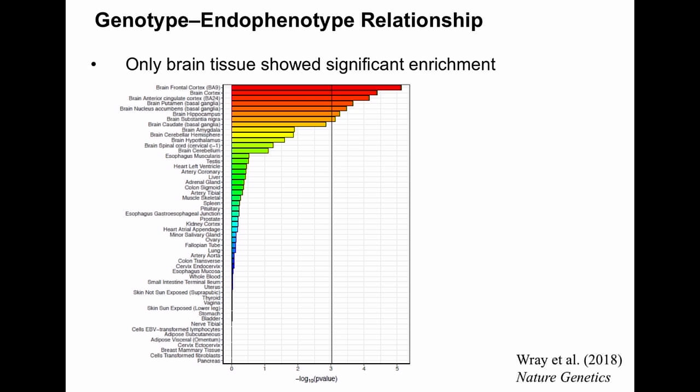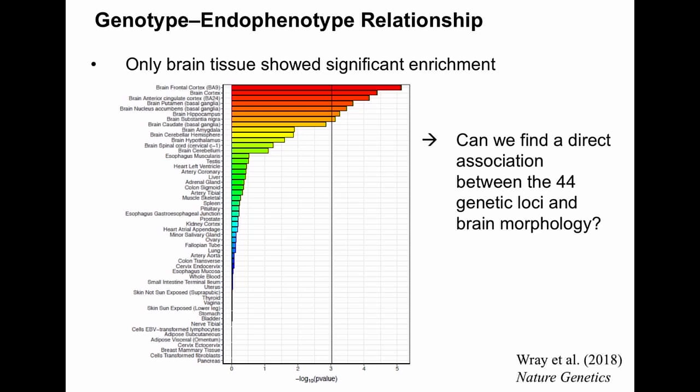So the interesting question is, can we get more detail on that? Can we figure out what the connection between the 44 risk genes that were identified in this large-scale analysis and brain morphology is?